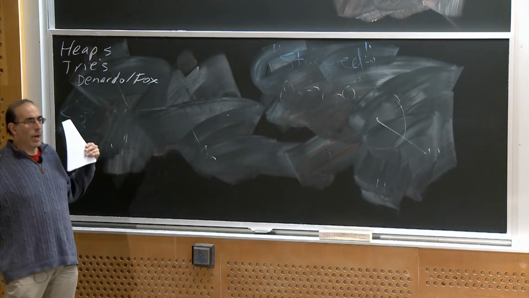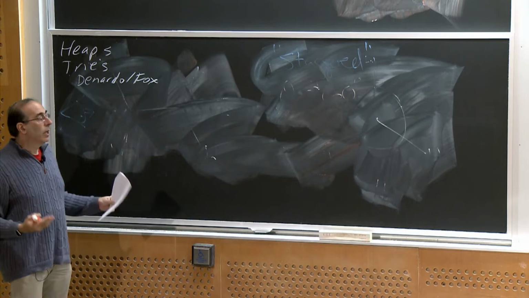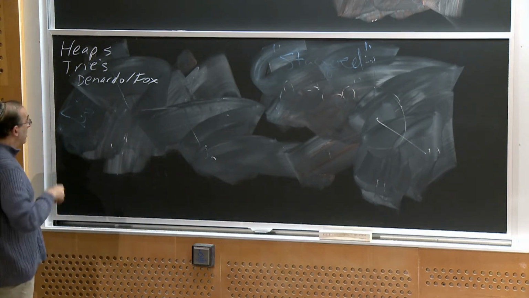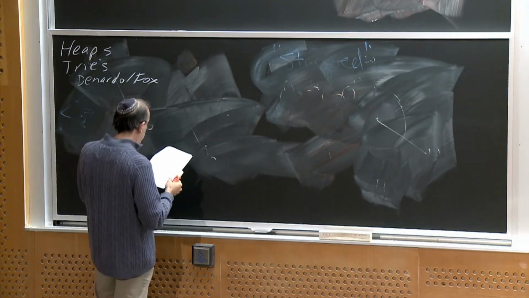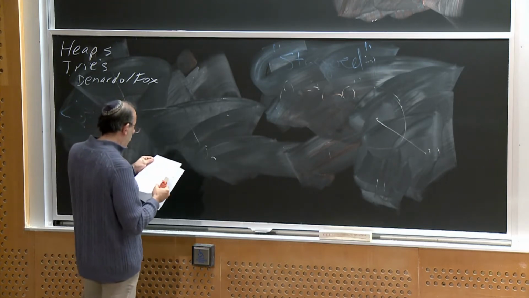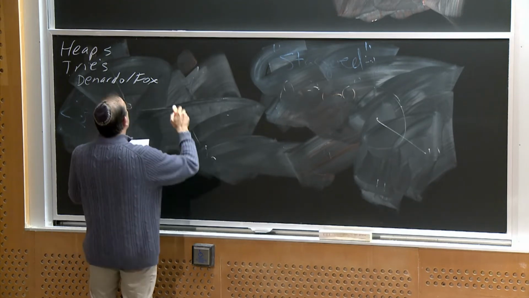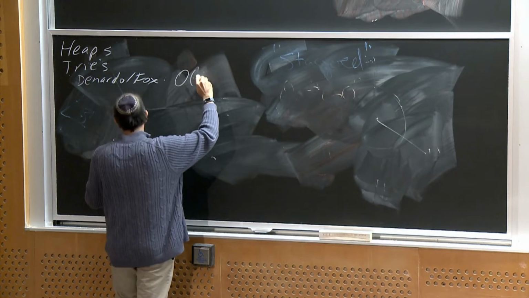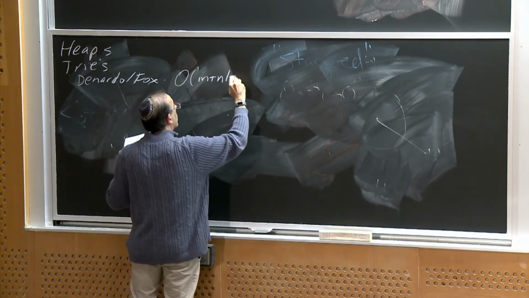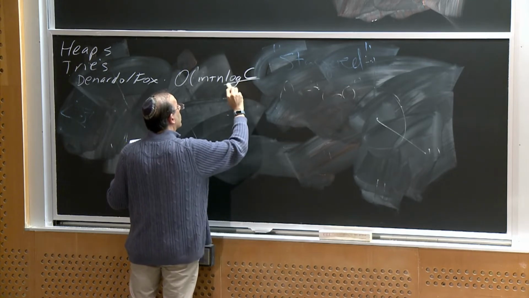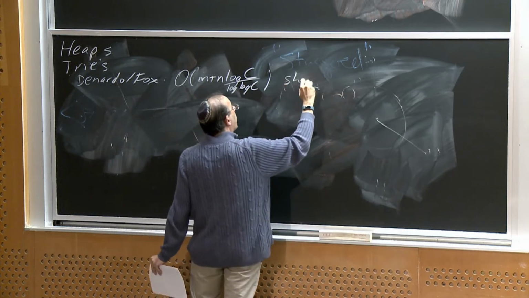We went beyond Dial's algorithm, used it recursively, and with some good lazy amortization improved the running time of our heap data structure all the way down to order m plus n log C over log log C for shortest paths.